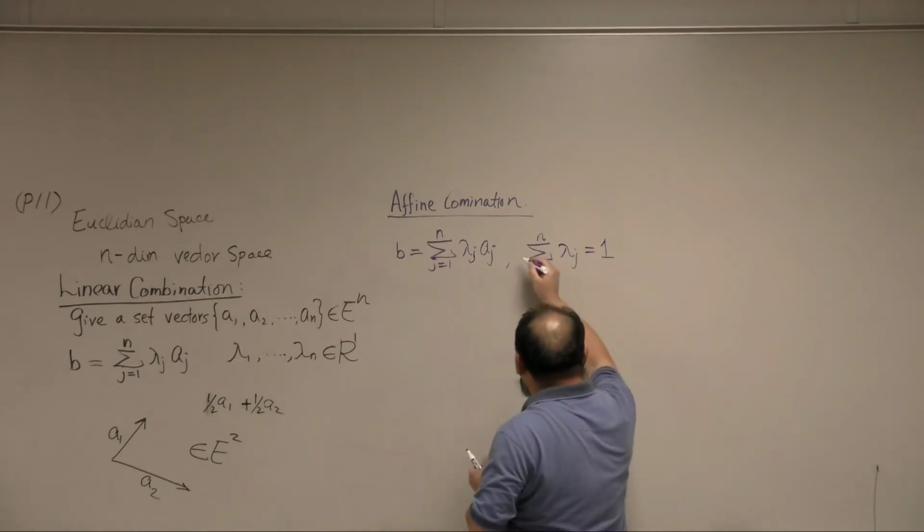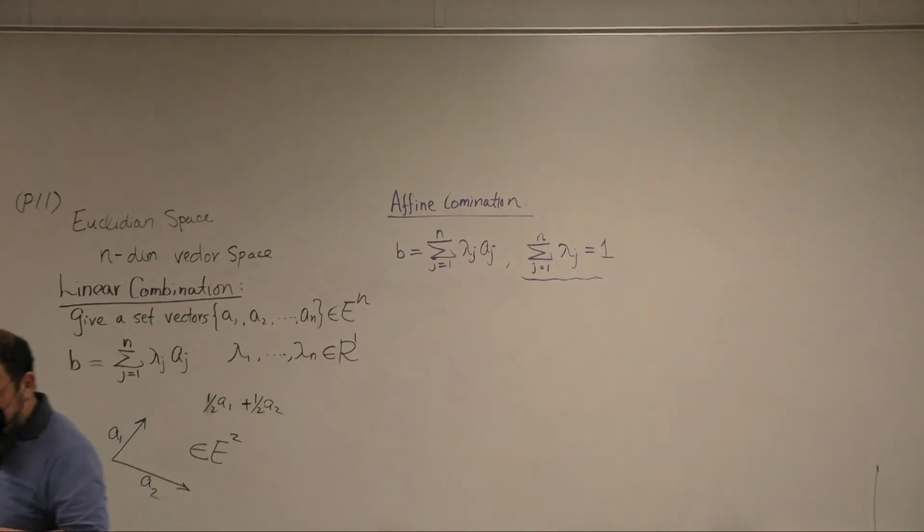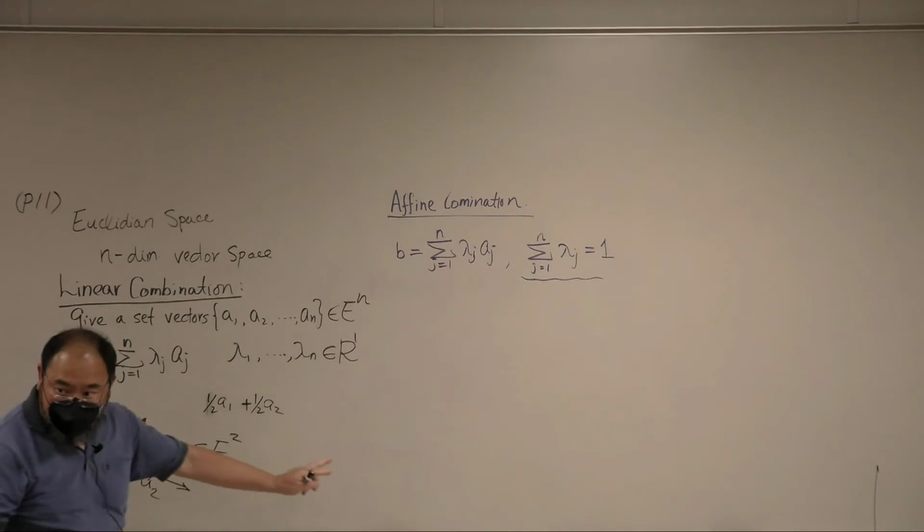Adding one more condition. What is this? Can you sort of help me out between these and that? So lambda has to add up to 1.